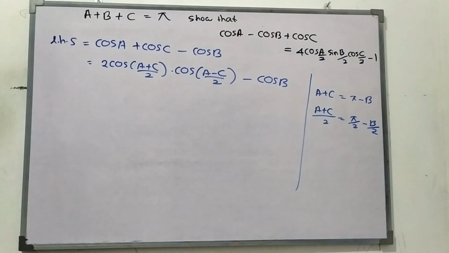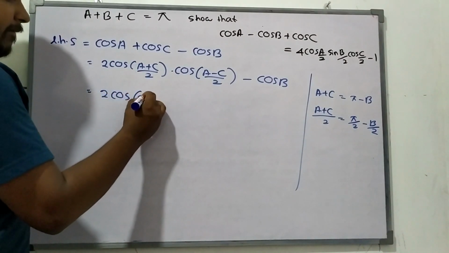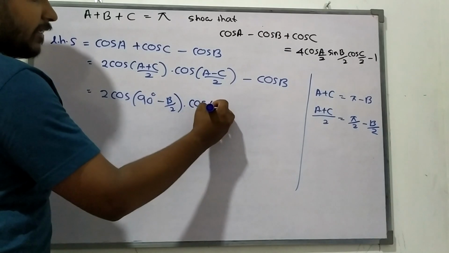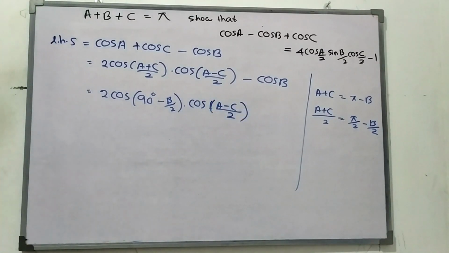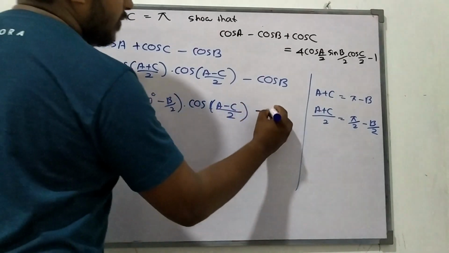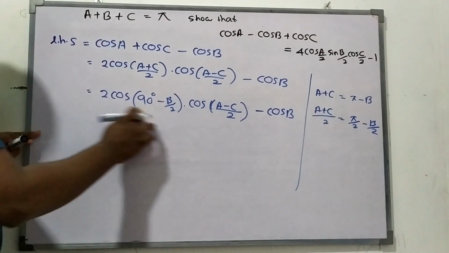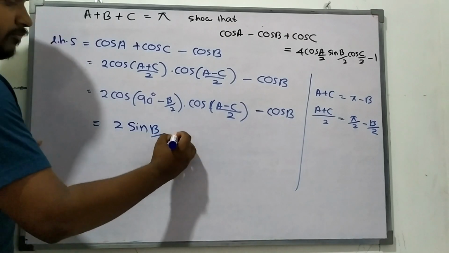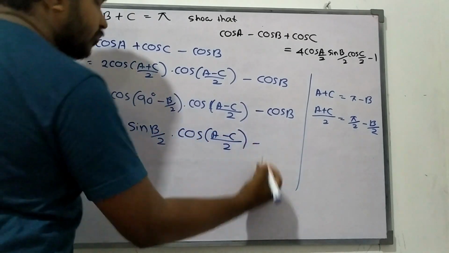Right, so then this is 2 cos(90 minus b by 2) cos (a minus c) by 2. Right, so minus cos b. This is 2 sin b by 2 cos (a minus c) by 2.